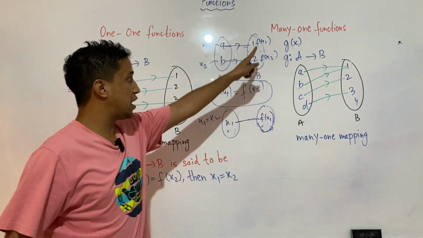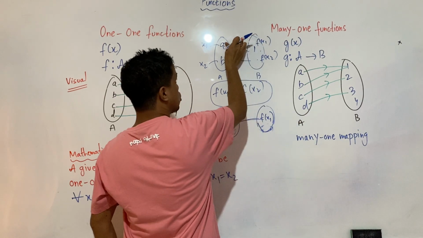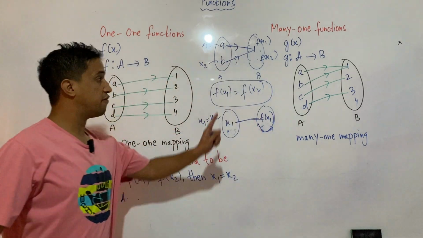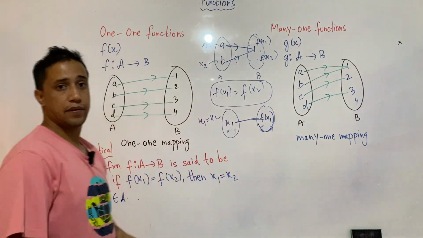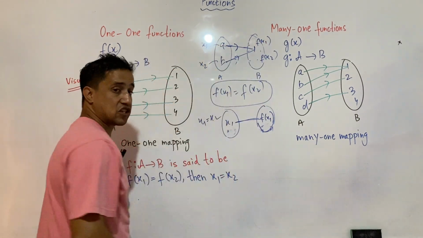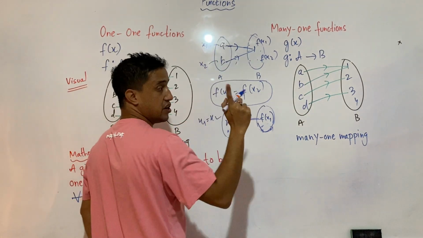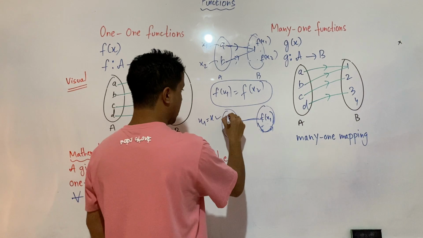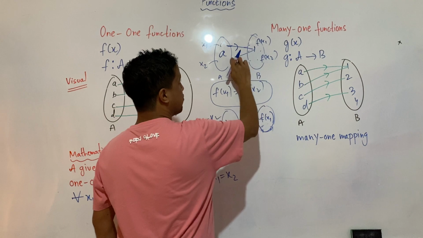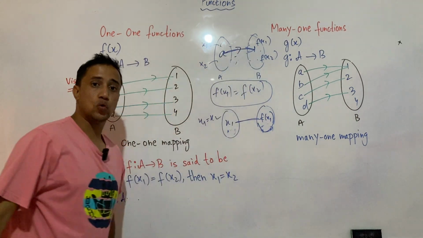Now if both are equal, it means it's going to be 1, and both of these elements are going to point to 1, right? But this is going to be possible when x1 and x2 are equal, then it means that here we just have one element, which is a, and here we have 1. So it will be your 1 to 1 mapping.